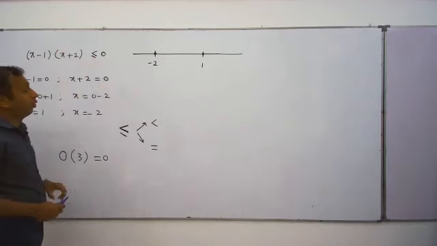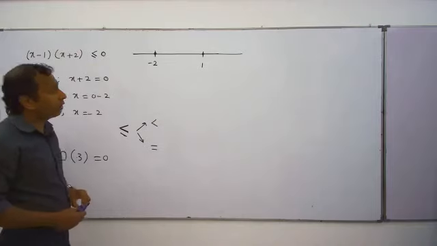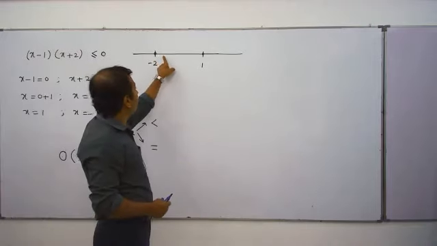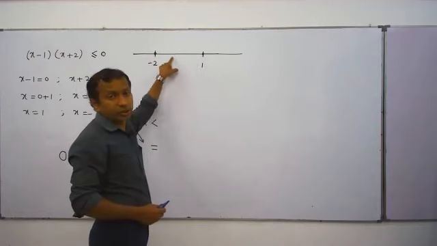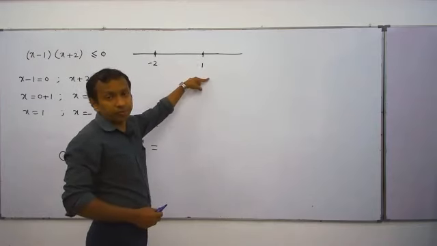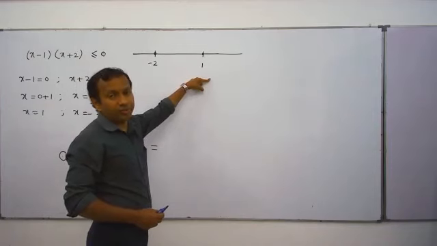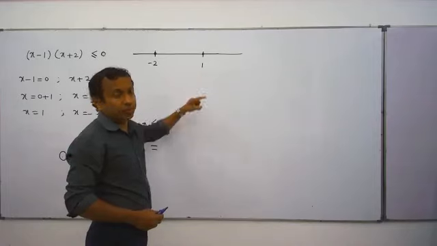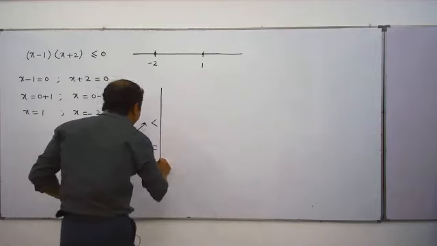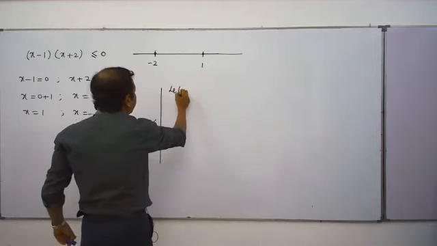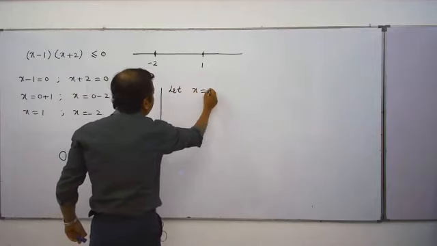Now I am going to take a value in this interval from minus 2 to 1. What is the easiest value? It is 0. Any value you can take from that region, but we take the easiest value, right? Let x equal 0.